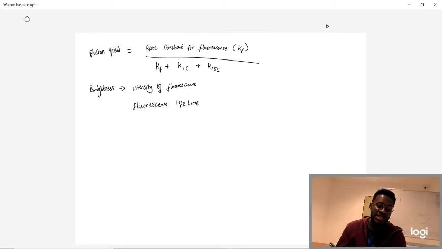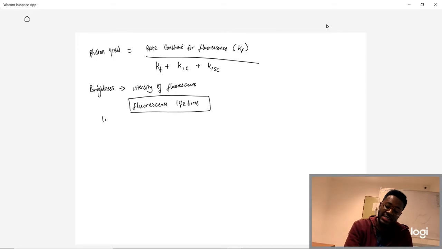What is fluorescence lifetime? It is the lifetime of the excited state.